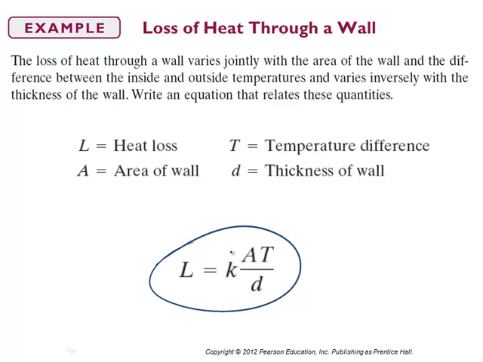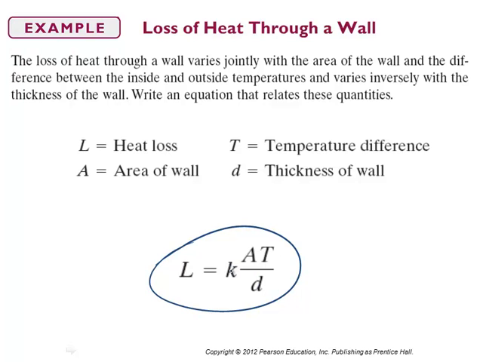Remember, when we said that the loss, L, varies jointly with the area of the wall, that's A right there, and the temperature difference, T. So when you see joint variation, that means that you're actually multiplying those two variables together. And then, of course, varying inversely with the thickness of the wall, which is D. And that goes in the denominator.